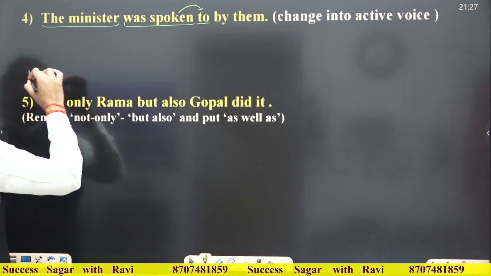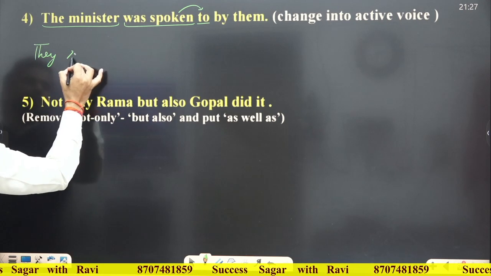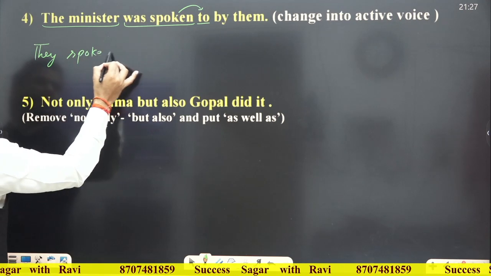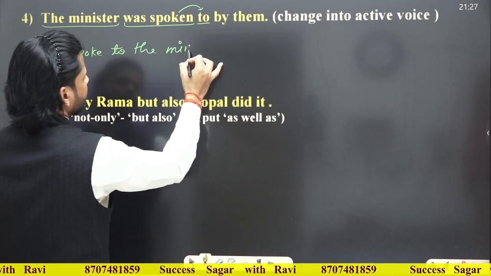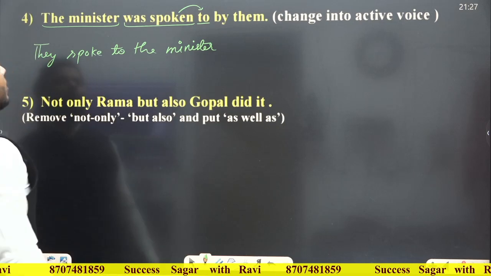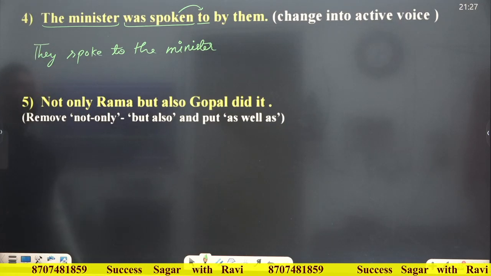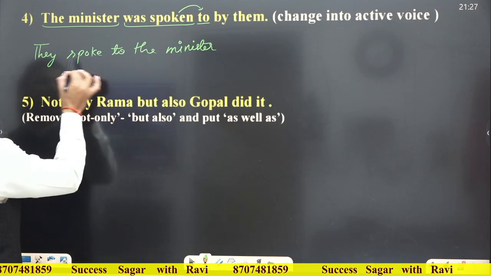So the given sentence should be like this: They spoke to the minister. So this to is there. They spoke to the minister.